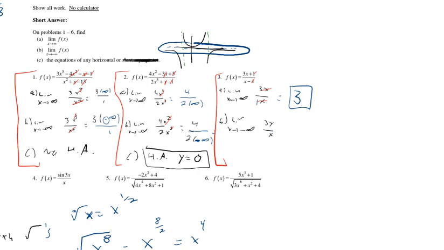Let's see. Kimberly, what do you think the answer is for this one? As x approaches negative infinity, what would the answer be here? Negative 3? So remember, we're plugging in negative infinity. We have 3 times negative infinity on the top over negative infinity on the bottom.